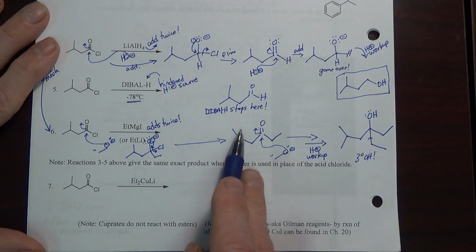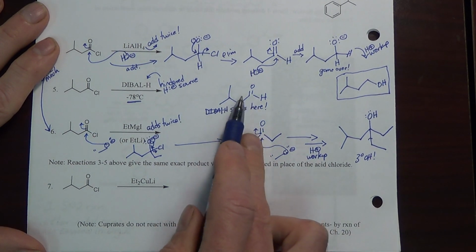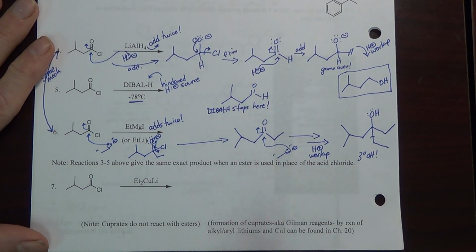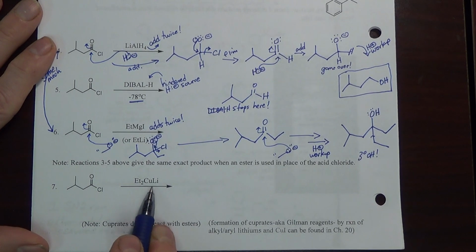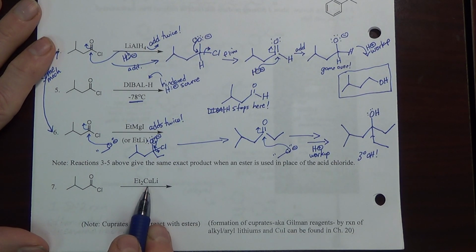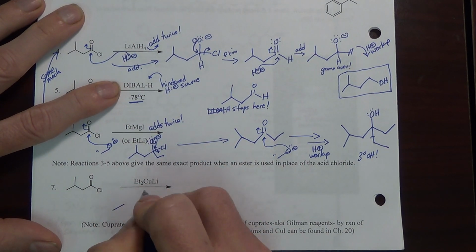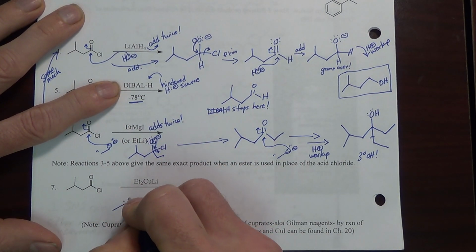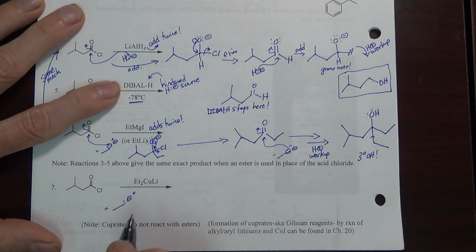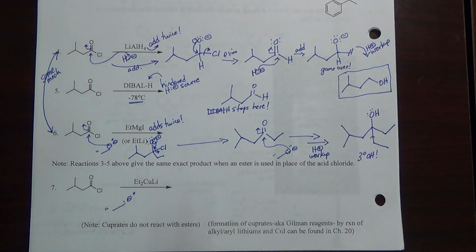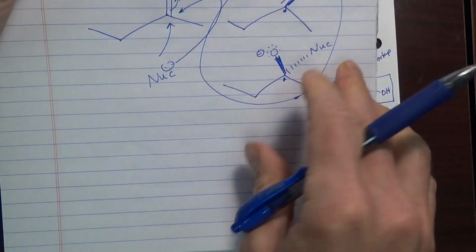Now, what if we wanted to stop at the ketone, like we stopped at the aldehyde? There is a reagent to use. It's called an organocuprate. Let's look at the structure of an organocuprate.